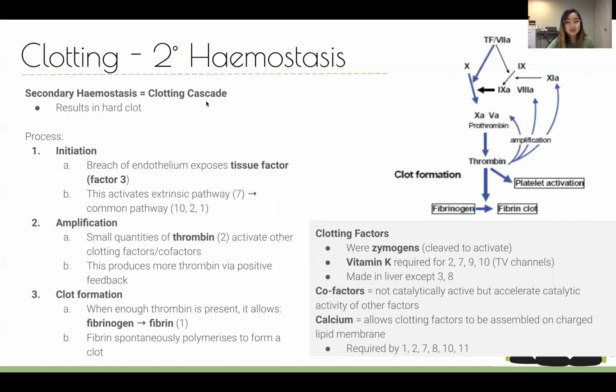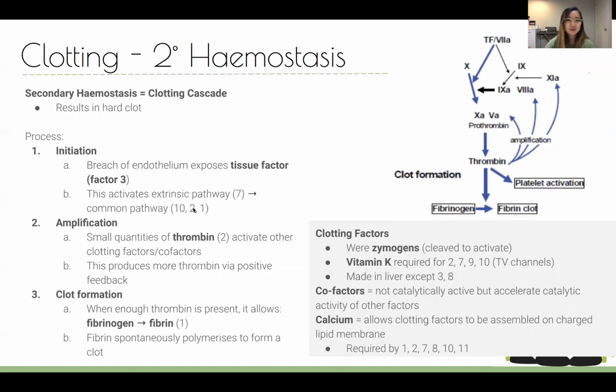So this is secondary hemostasis. This is your clotting cascade. First, for initiation, you have a breach of the endothelium, which exposes tissue factor, also factor 3, and that activates the extrinsic pathway, which is factor 7, and then allows that to come to the common pathway. I'll go through the pathways in the next slide. Then you get amplification.